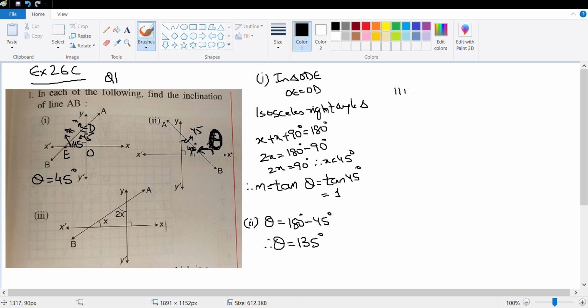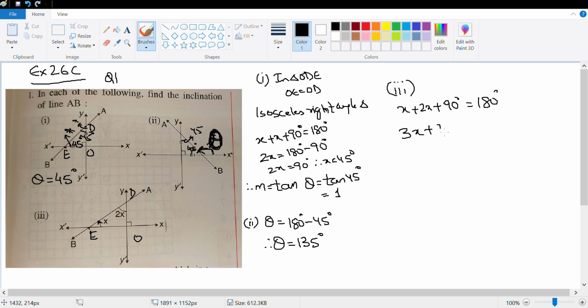Perfect. Let's look at part 3. In part 3, let's again give this a name. This is point O, this is point D, and this is point E. So x plus 2x plus 90 degrees is equal to 180 degrees, angle sum property.